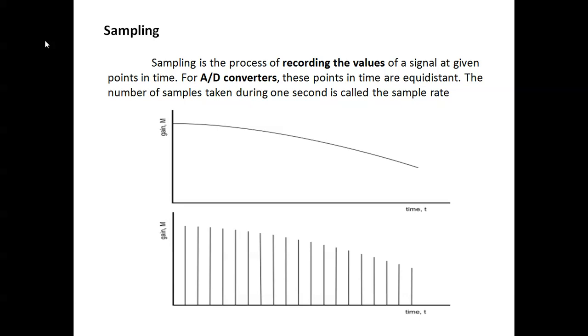This total process is called sampling and quantization. So these are the two steps used for converting analog to digital. Okay, thank you.